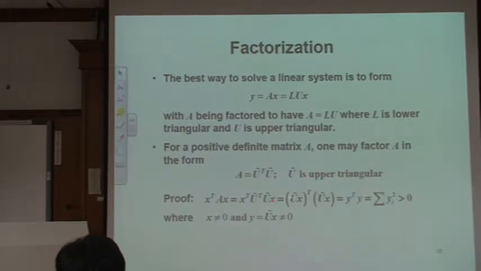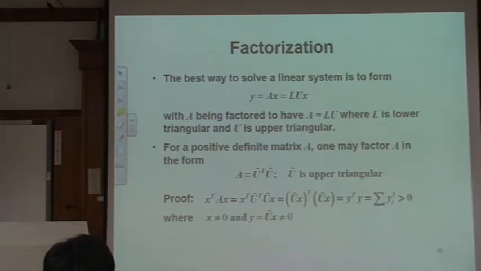Then we can combine and rewrite this term, and assign this vector a new name, y. We know y transpose y is the sum of all the y squared terms, so this is always positive. That means for a positive definite matrix, we can always do this kind of decomposition.